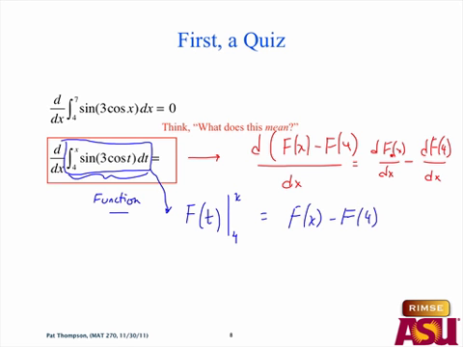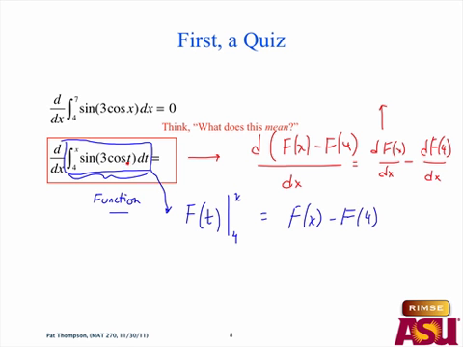I'm just saying, are there more who know what this is? Three, 4. So we got this accumulation function. What's the derivative of it? Go ahead, Joe. Sine 3 cosine x. This will be the rate of change of that accumulation function.